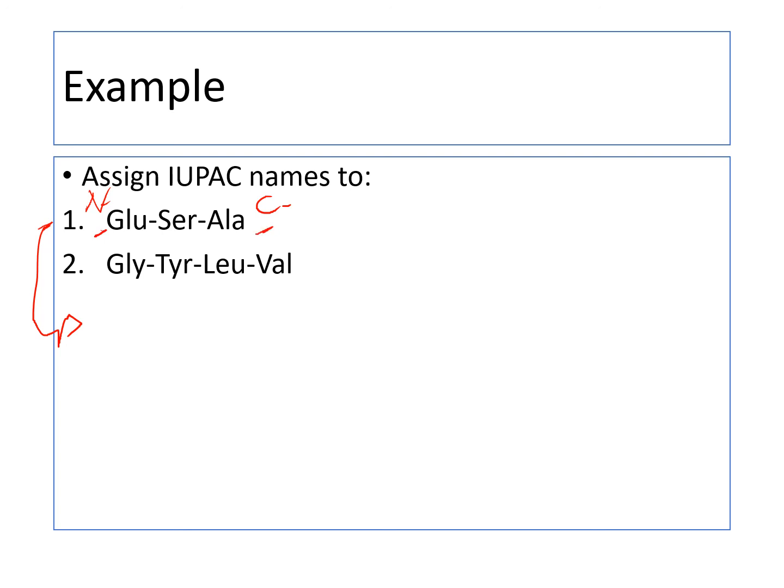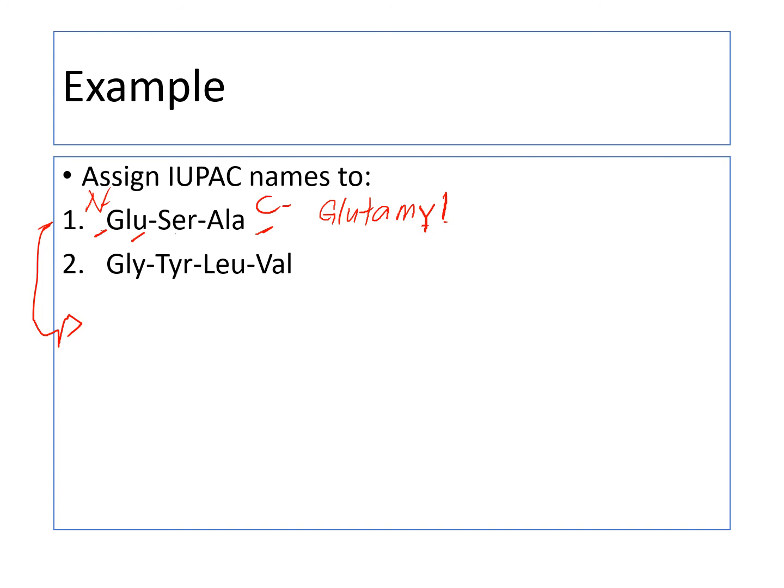So for number 1, let's have your glutamic acid. The start should be a capital letter G. From glutamic acid, we will only have glutamyl. Again, from glutamic acid, we will only have glutamyl because we need to change the -ic acid into -yl.